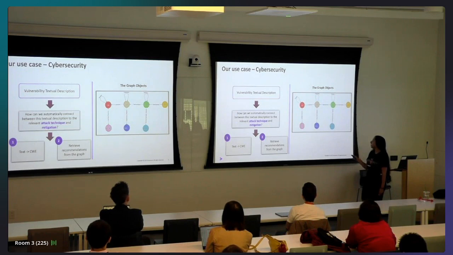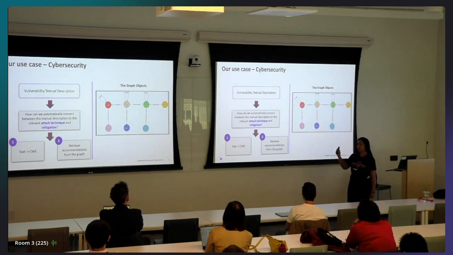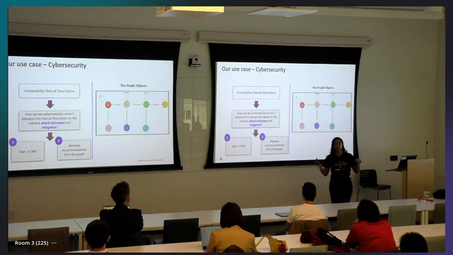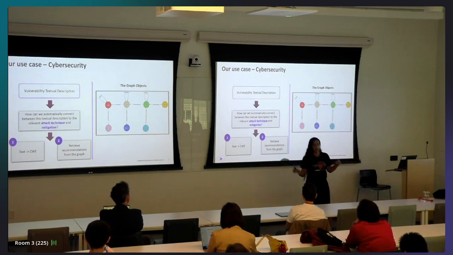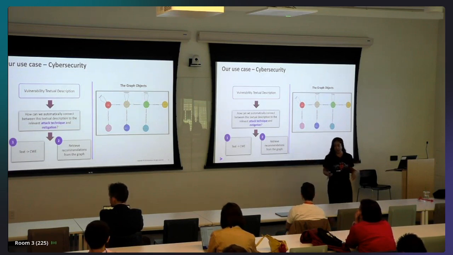And each one of these nodes may contain a specific mitigation. We separate our use case in this manner. We take the vulnerability textual description, and then we want to extract the attack techniques, the threats, and then we want to extract the mitigation from the graph.